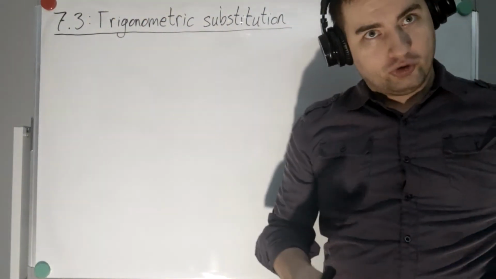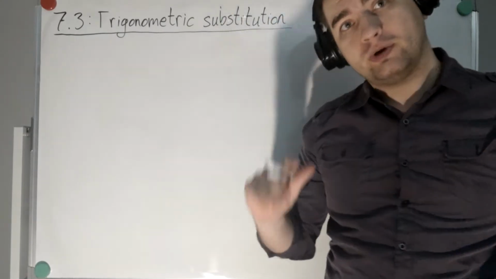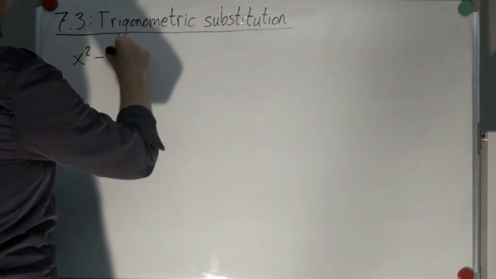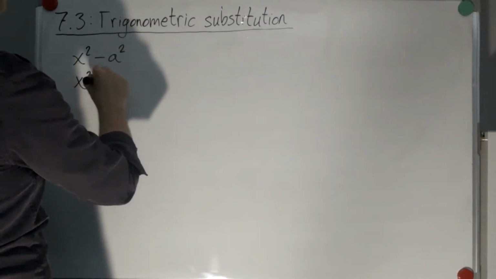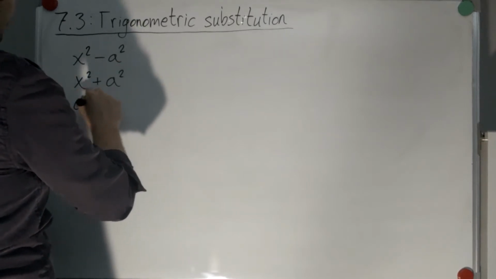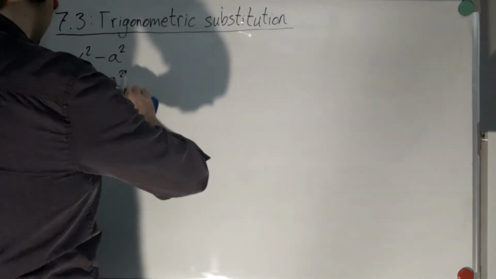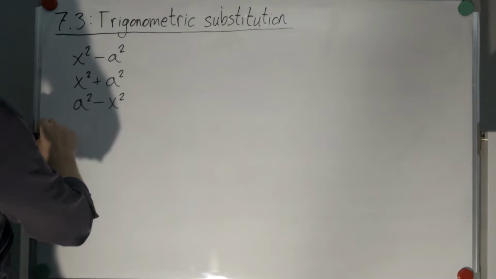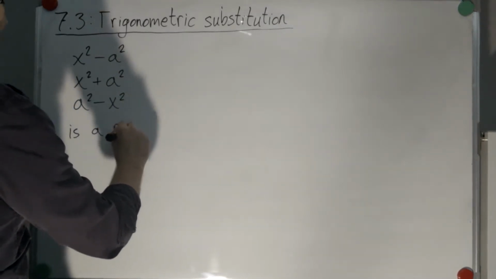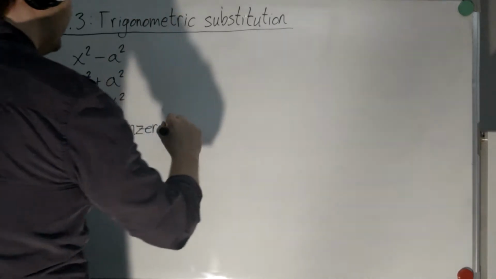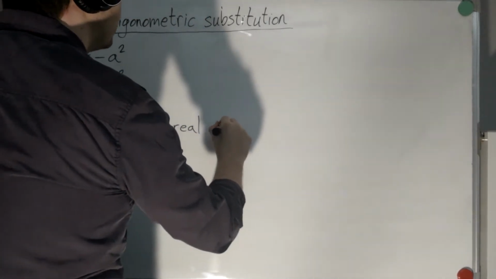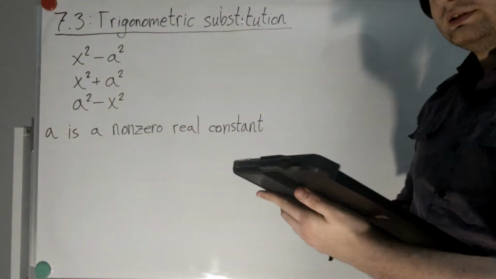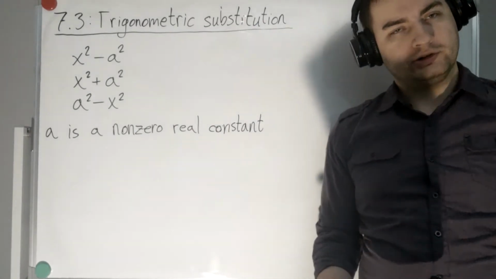If you are dealing with an integral, and it contains one of the following three expressions, could be something like x squared minus a squared, or x squared plus a squared, or a squared minus x squared, where a is a non-zero real constant, in that case, you can do this technique called trigonometric substitution.